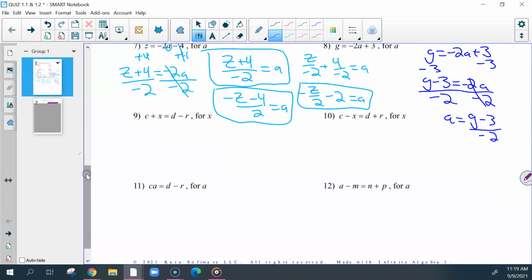For number 9, we needed to solve for x, which means we needed to get rid of c. C is being added to x, so to get rid of it, subtract it to the other side.